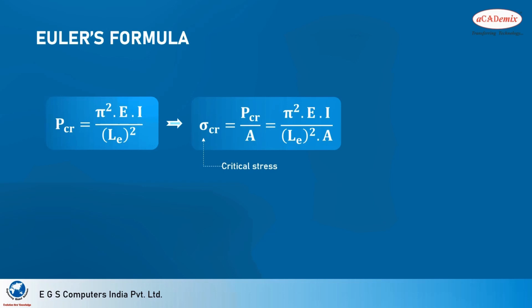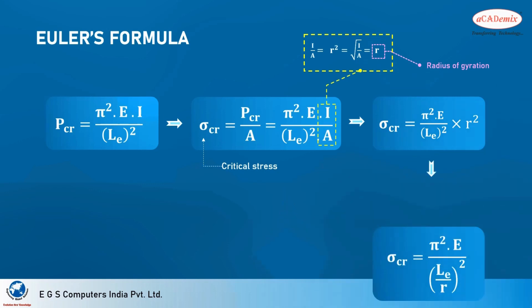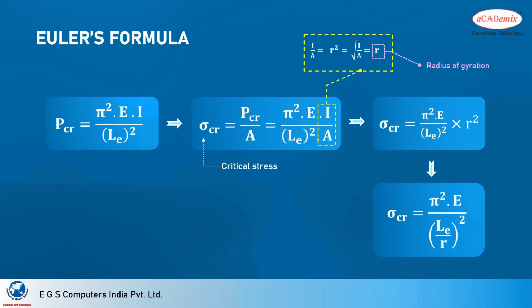Here we can see the term I by A. We know that the square root of I by A is called the radius of gyration. So we can replace the term I by A with r squared. By rearranging it, we have this equation. The term Le by r is called slenderness ratio.